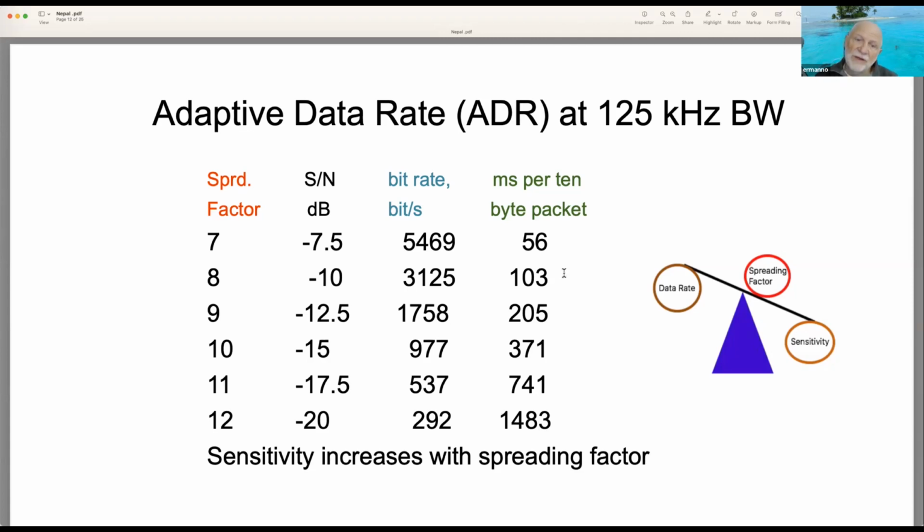Or, if you are close to the gateway, you can choose a spreading factor of 7, which will allow a much faster bit rate and less time in the air. So these are the two extremes, and of course you have all these possibilities in between.